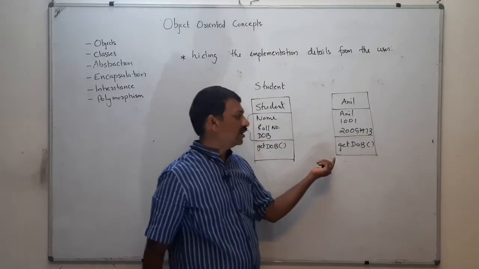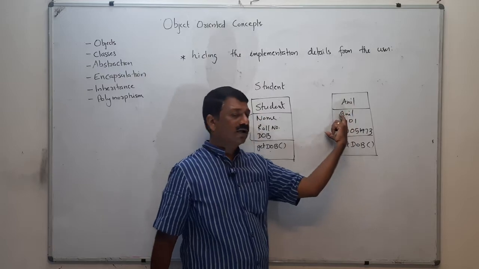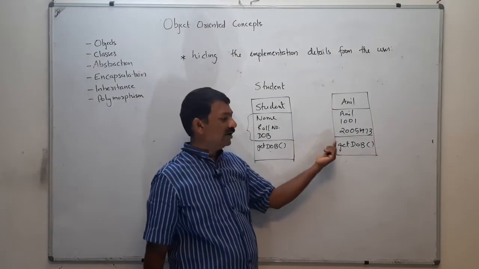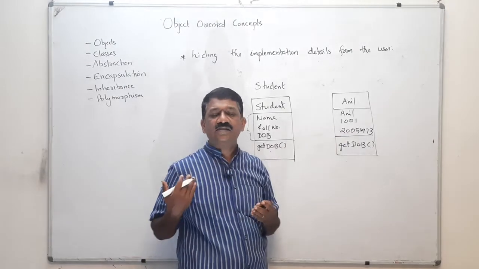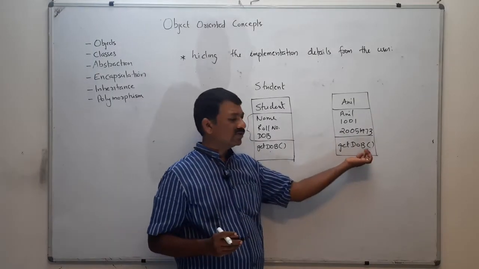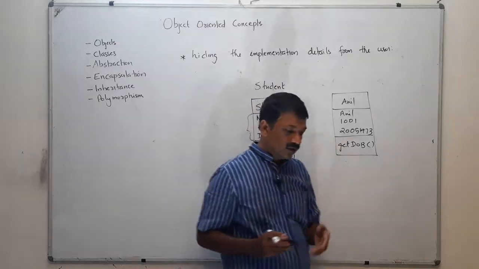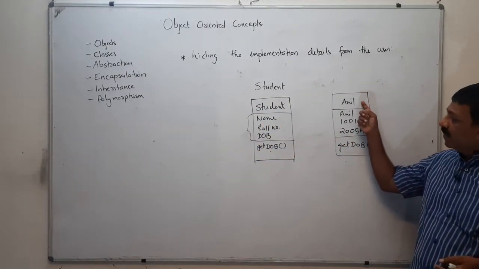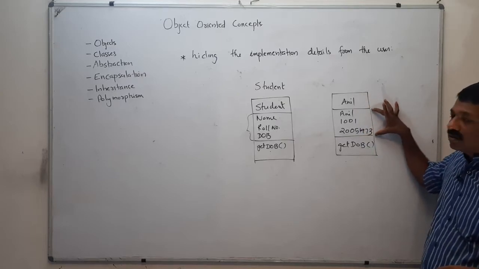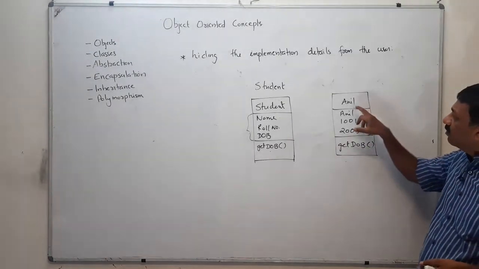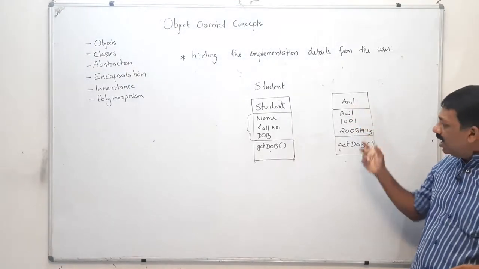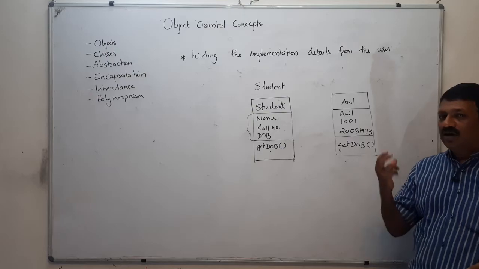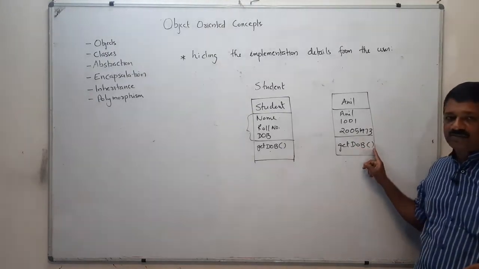Then once you have created this, all the properties of this ANIL, by default these are private data and you can access those data only using these functions. That means here you have an object ANIL and these are the private properties of this object ANIL, and those details can be available to the outside world only through these functions.